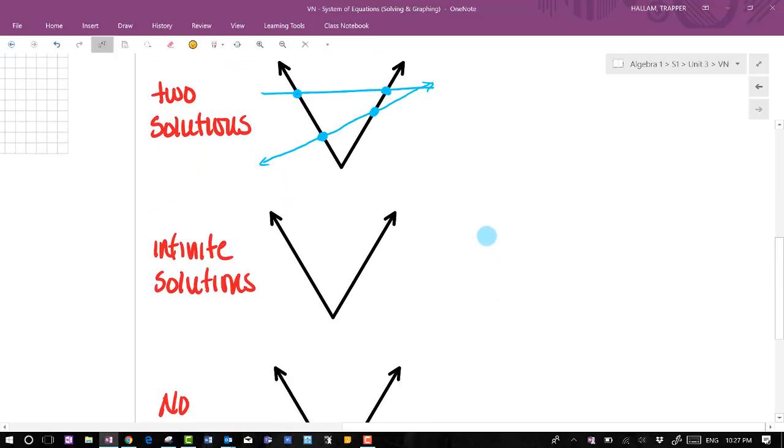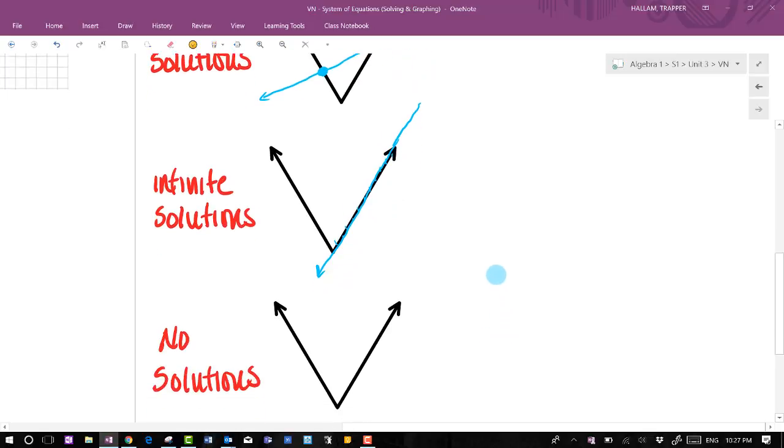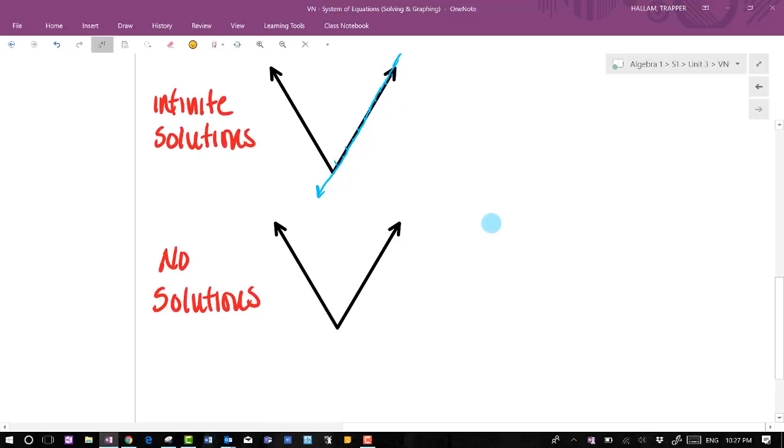Additionally, just like linear functions, if we could have them parallel to intersect once, we could have them be parallel and intersect an infinite number of times all along where they overlap. We could have that. Finally, we could also have the scenario where there's no solutions, again, involving some type of parallel lines where they don't intersect.